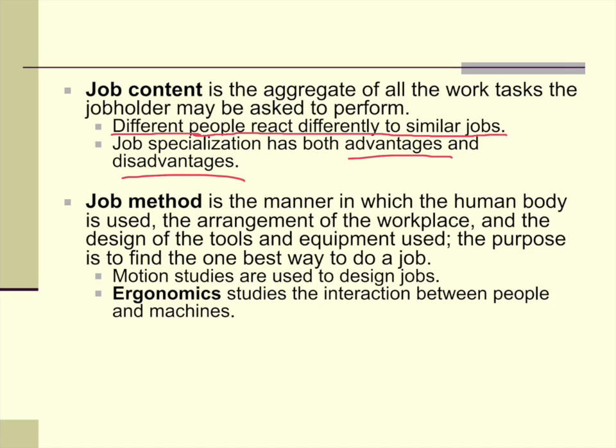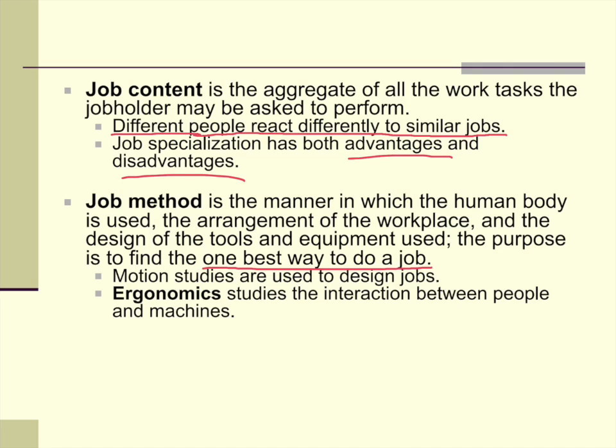Job method is the manner in which the human body is used, the arrangement of the workplace, and the design of the tools and equipment used, with the purpose of finding the one best way to do the job. That is the point: one best way to do a job.